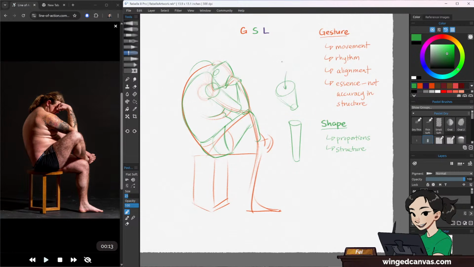So this is foreshortened. So it might be something like this.